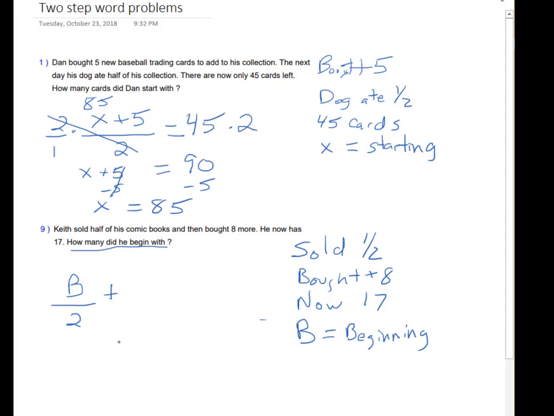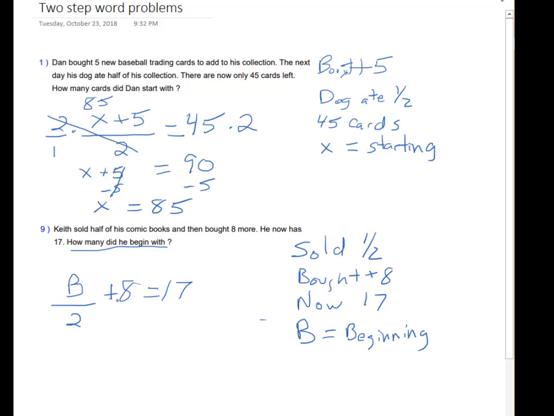And then he has, let's see, what does he have now? 17. Okay. Again, you have to just kind of take your time and put this together, read it as it is, and write it as it is, and that way you can get your equation.